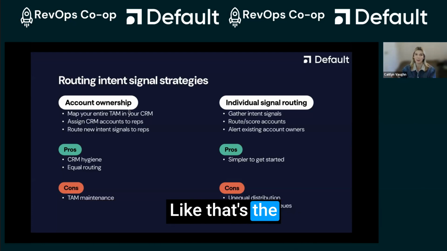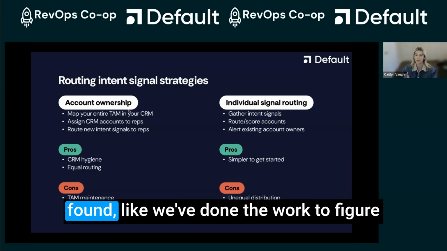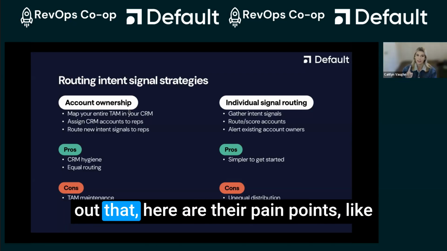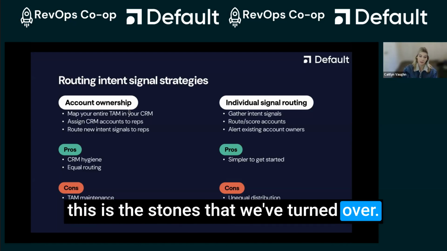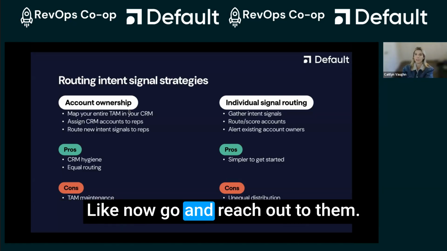That is the goal. Here are all the intent signals that we have found. We've done the work to figure out their pain points. This is the stones we've turned over. They're ready. This is the time their contract renewal is up. Now go and reach out to them.